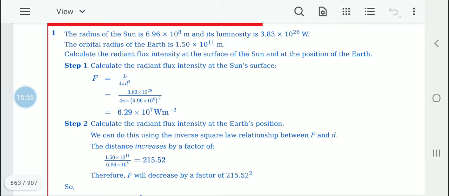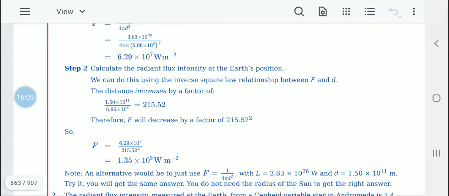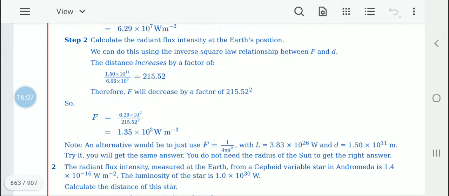So as a result, F will decrease by a factor of 215.52 squared. So you will get F equal to 6.29 × 10^7 divided by 215.52 squared, which is going to be 1.35 × 10^3 watts per meter squared.